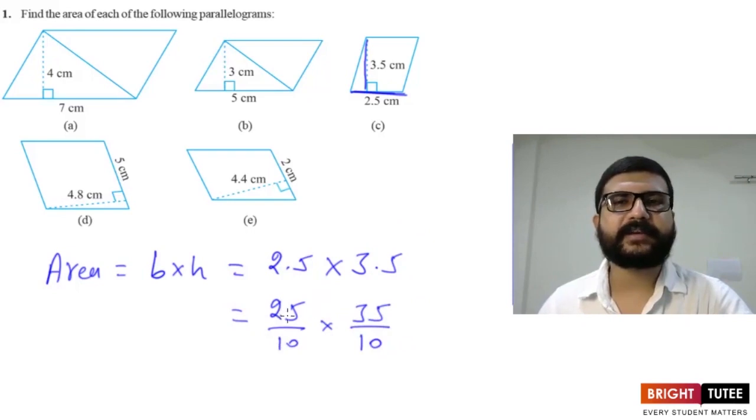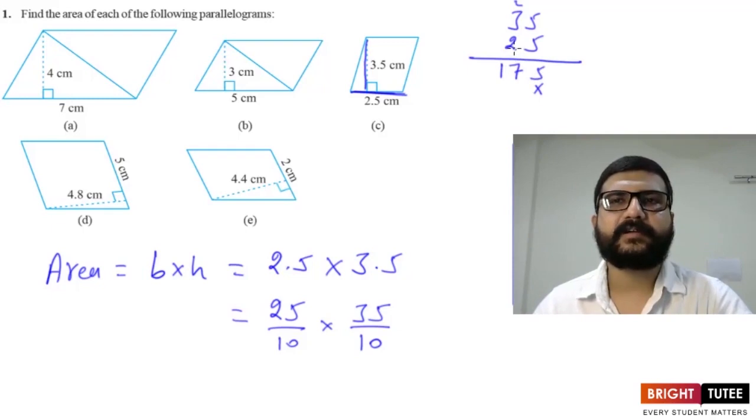Now we just calculate 35 into 25. 5 into 5 is 25, so we write 5 here and carry 2. Now 5 into 3 is 15, 15 plus 2 is 17, so we write 17 here. Now put a cross below the 5. 2 into 5 is 10, 1 will go here. 2 into 3 is 6, 6 plus 1 is 7, so we write 7 here.